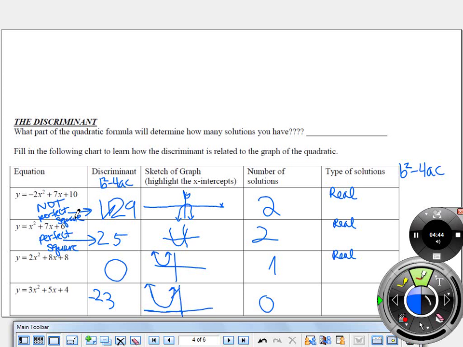But this number, when it's not a perfect square, they're going to be real, but they're going to be irrational. They still exist. I see them on the x-axis. However, am I going to look and say, look, it crosses through 3? No. It might be close to 3, but it's some never-ending, non-repeating decimal value that I wouldn't be able to approximate. Okay?